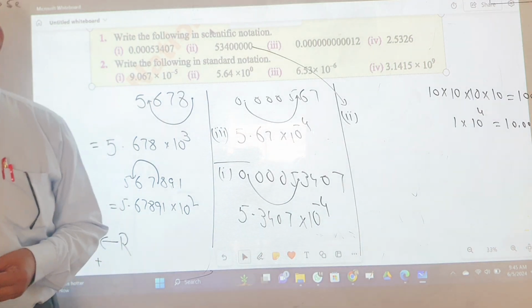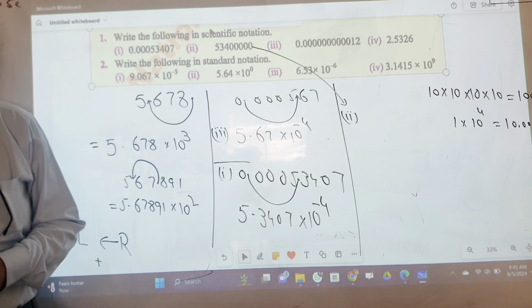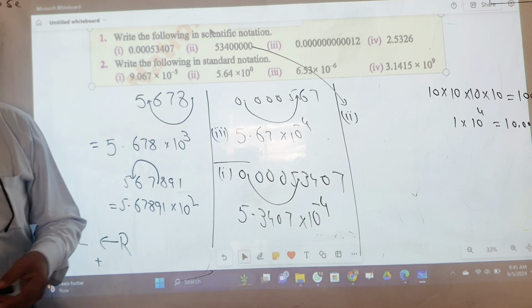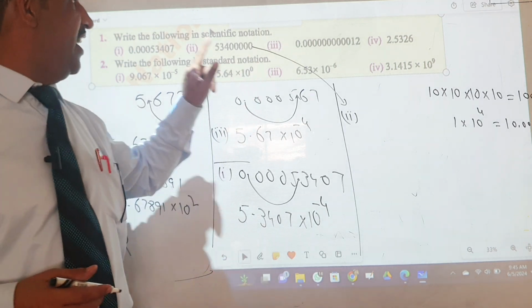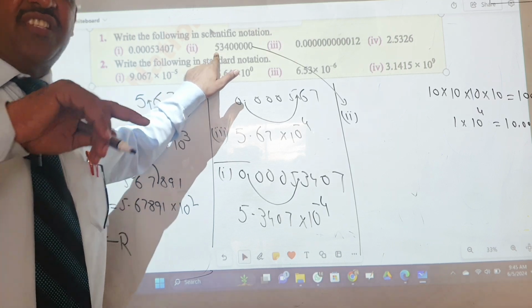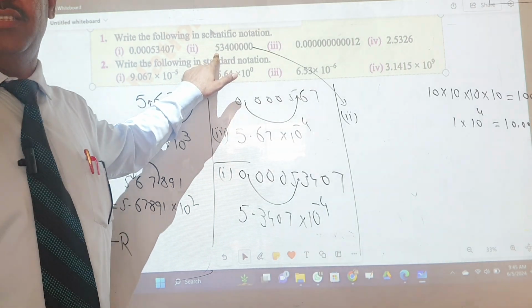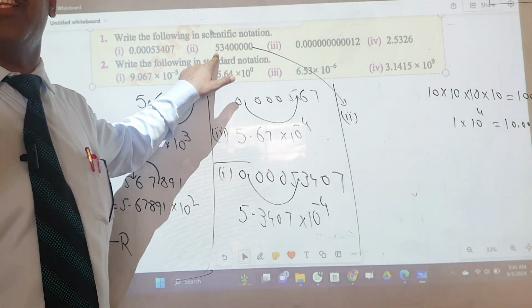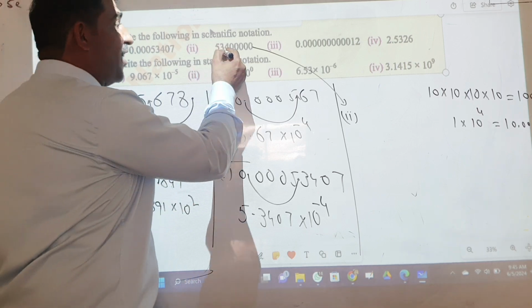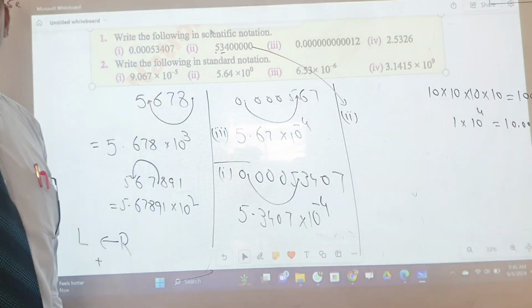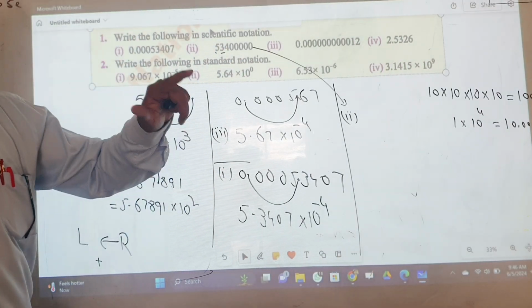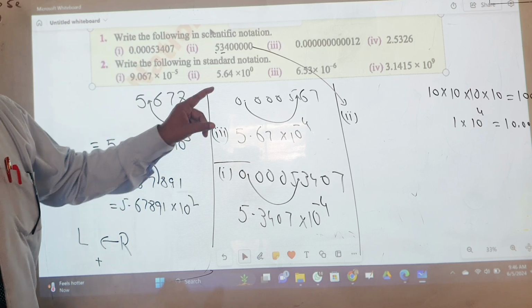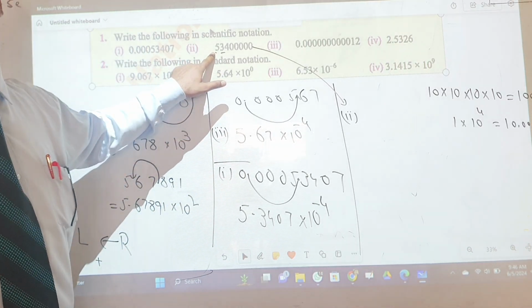Any other option? 5.34, because I said the decimal point applies from the left side after one digit, and that digit must be other than 0. So 3 is the first digit or second digit? I said apply the decimal point after one digit, so where should you write it with this 5?